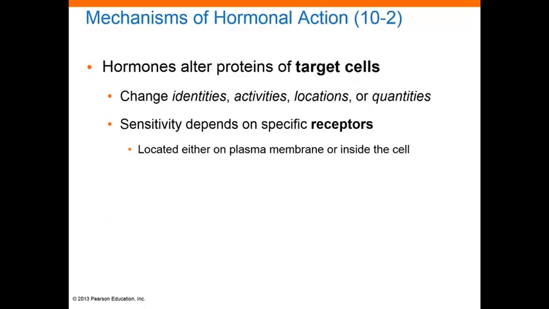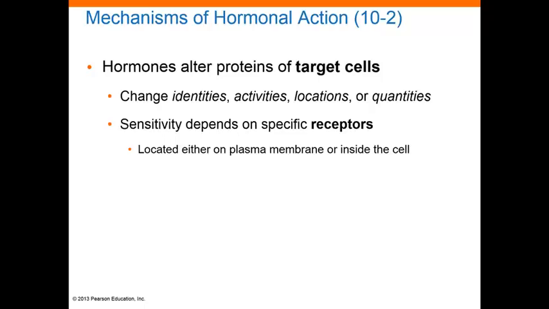Hormones alter cellular operations by changing the identities, activities, locations, or quantities of important enzymes and structural proteins in various target cells. What determines a target cell's sensitivity to a given hormone is the presence or the absence of a specific target cell receptor for that hormone.